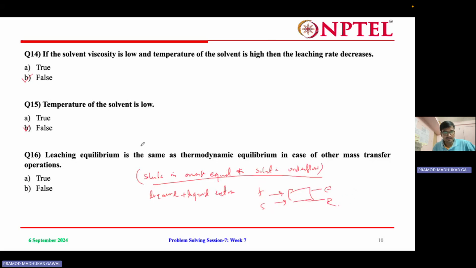But in leaching, the solute in the overflow equals the solute in the underflow. So this leaching equilibrium is analogous to the thermodynamic equilibrium, because thermodynamic equilibrium is at constant temperature and pressure. So this statement is true.